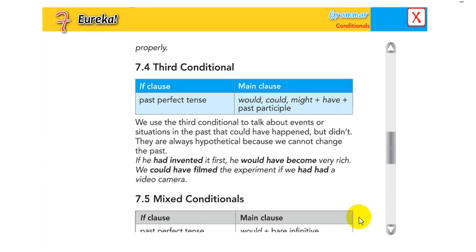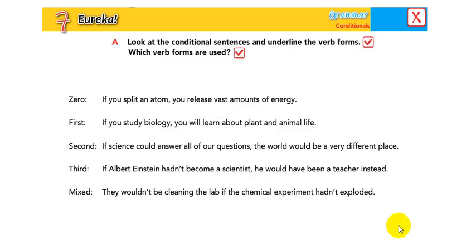Now let's go to the new point for which we are reviewing all of these conditionals. The new point is the mixed conditional. What do we mean by mixed conditional? We mean part of the second conditional and part of the third conditional. It means, guys, an action happened or didn't happen in the past which affected the present.